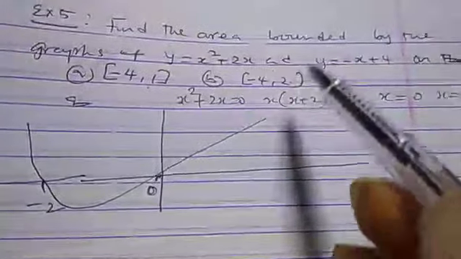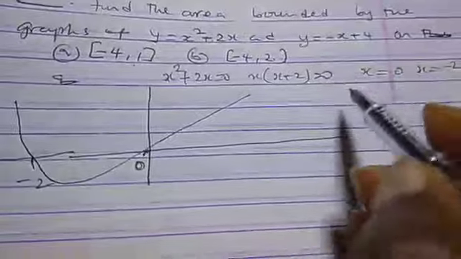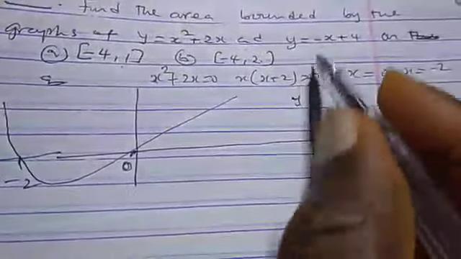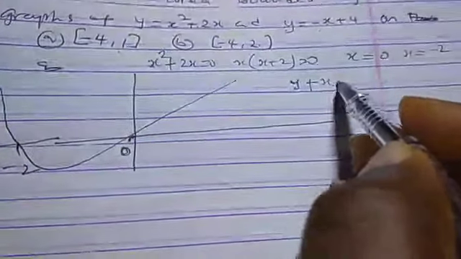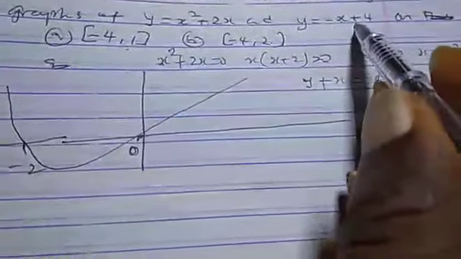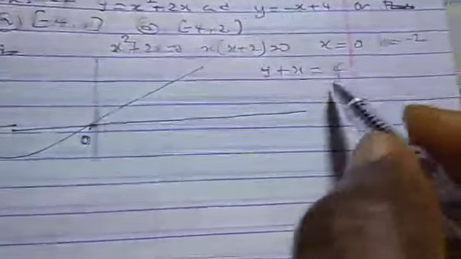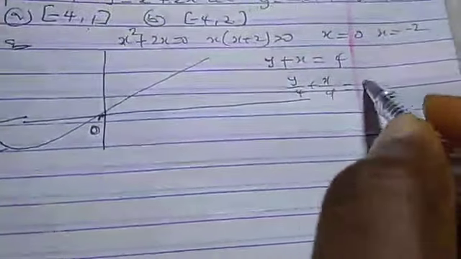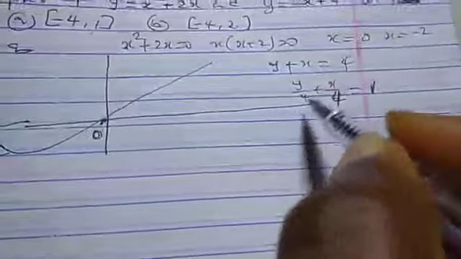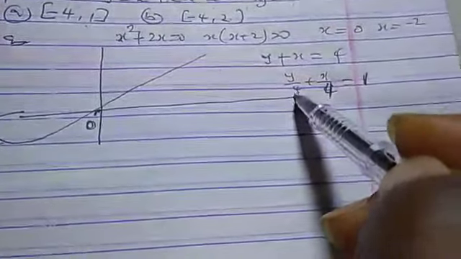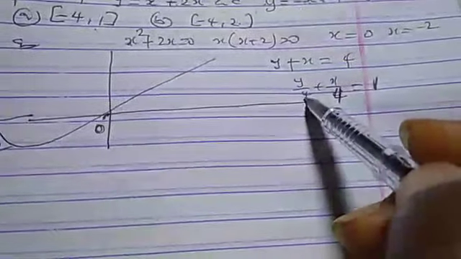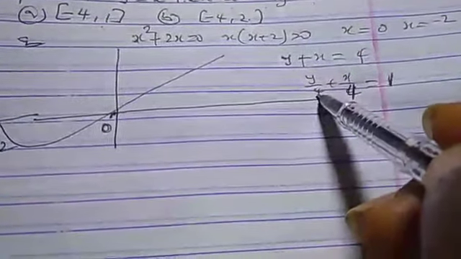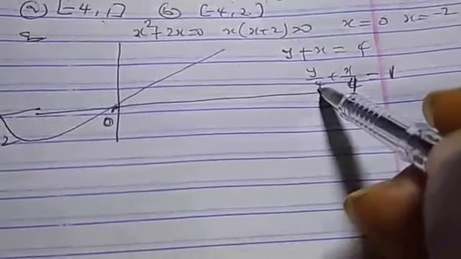Also, the second one, if I bring it here, I will have s is equal to 4. If I divide both sides by 4, I will have y over 4 plus s over 4 is equal to 1. So this simply means that it's a straight line, and it passes through 4 at y and passes through 4 at x.